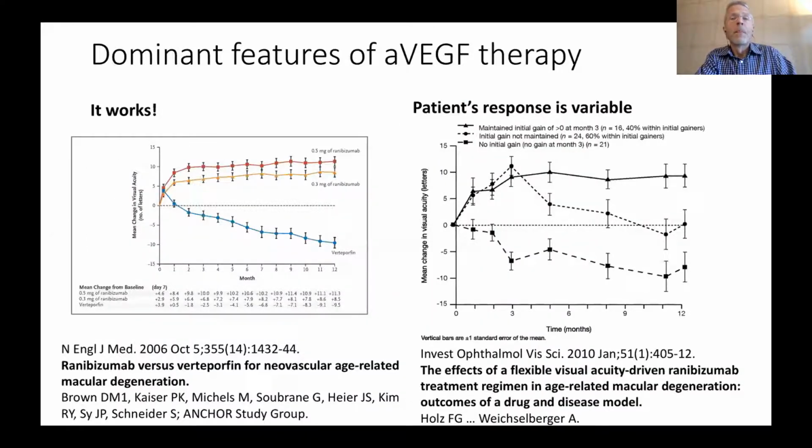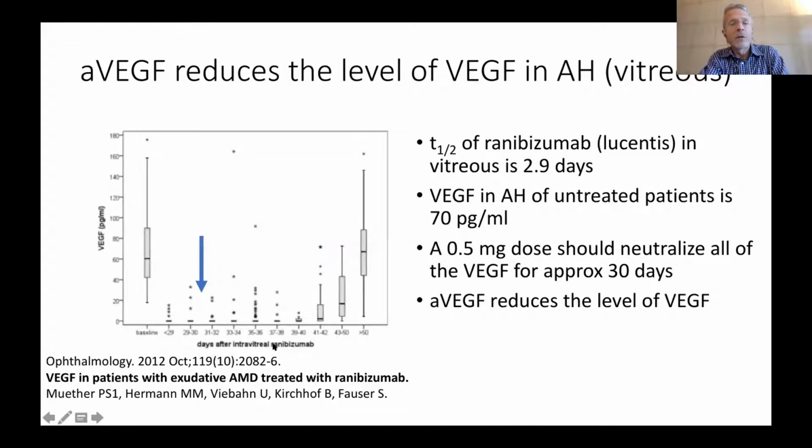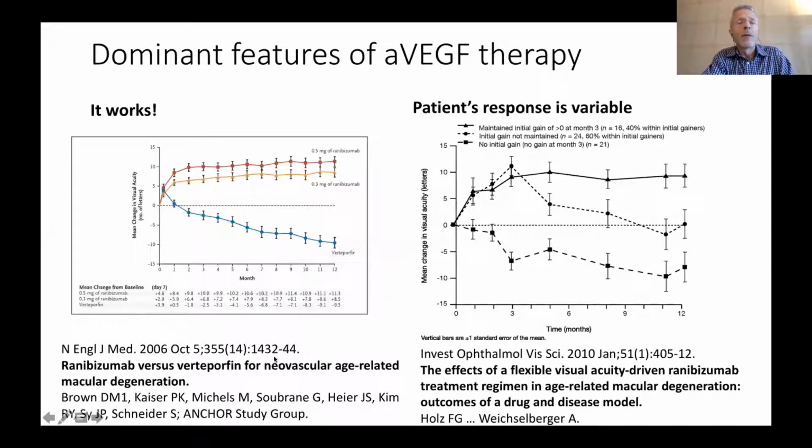Okay, so there are two prominent, dominant features of anti-VEGF. One of them is that it works. Here is a piece of data from the ANCHOR studies, in which patients were treated every month with either the standard of care at that time, which was photodynamic therapy, or anti-VEGF.